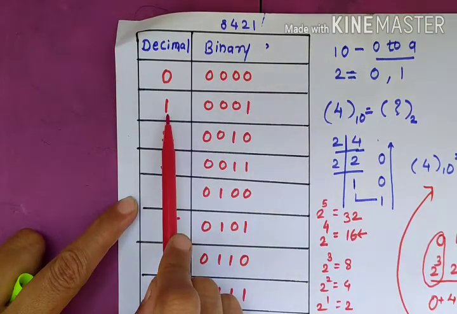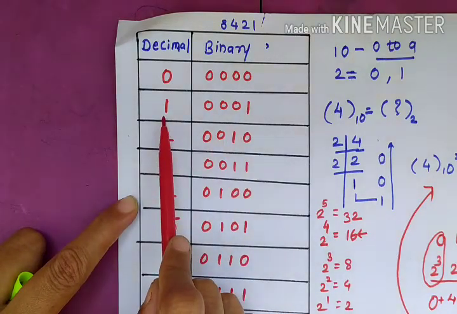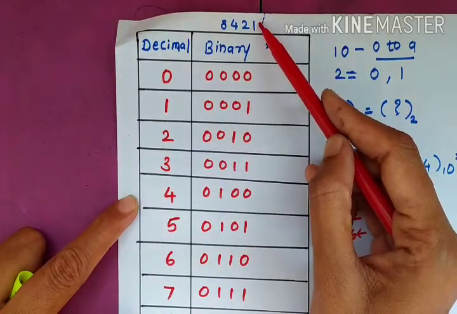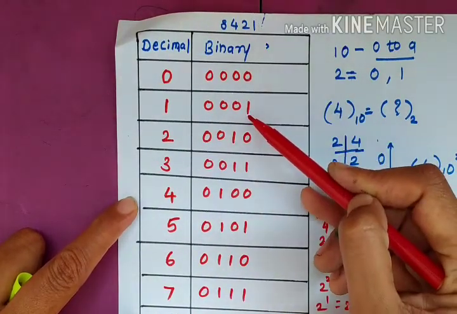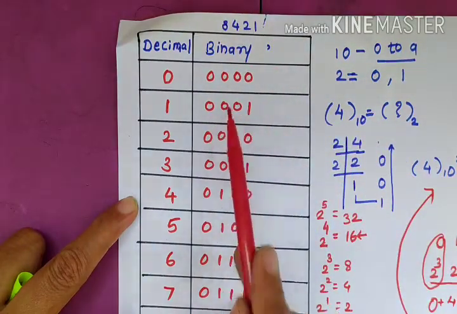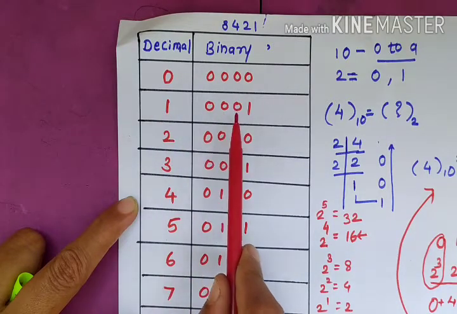Now what about 1? If you have to represent 1 in binary, this 1 decimal can be represented by writing only 1 below this 1 position and the other digits represented by 000. So the equivalent binary of the given decimal 1 will be 0001.